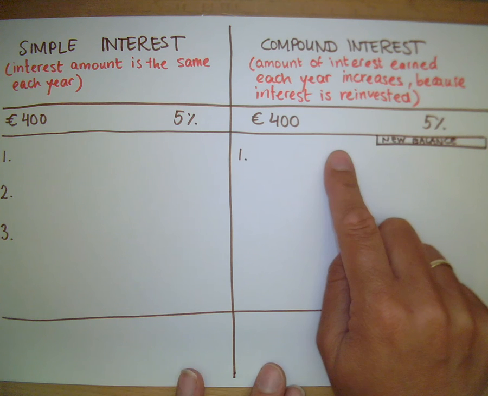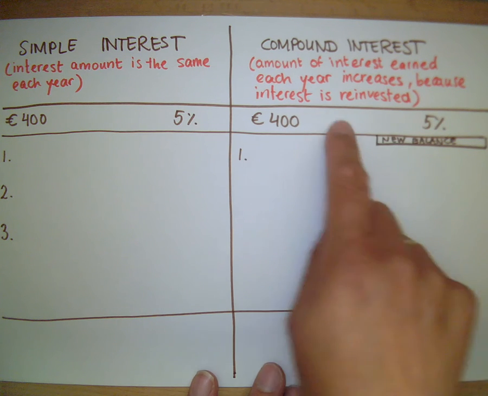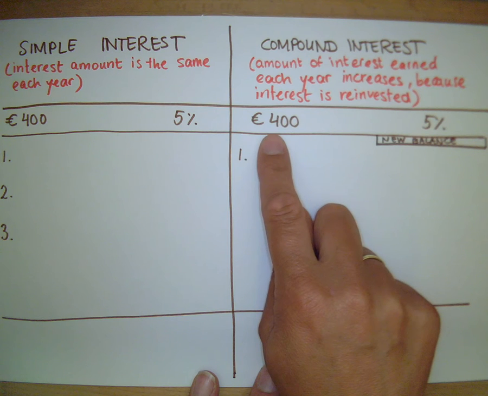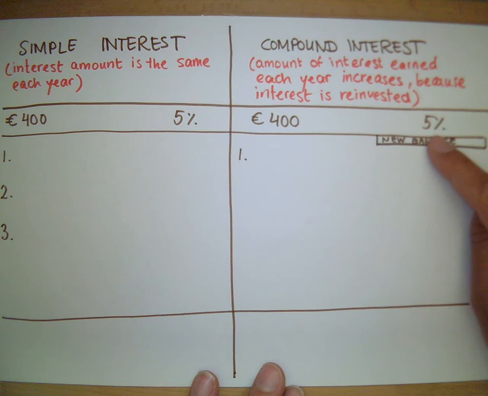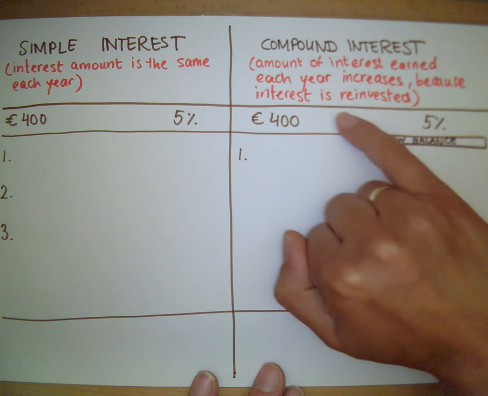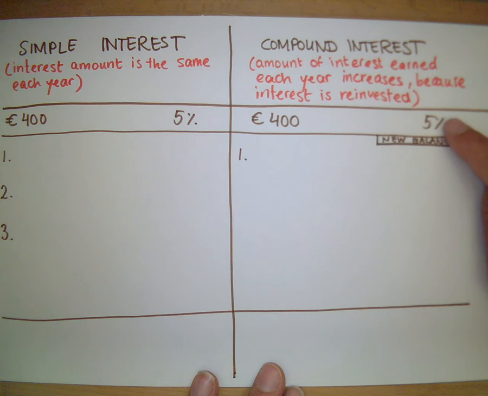Compound interest: say you put 400 euros into the bank and they tell you we'll give you 5% compound interest per year. That interest that you earn is reinvested. That means the 5% of 400 euros is added to your account.